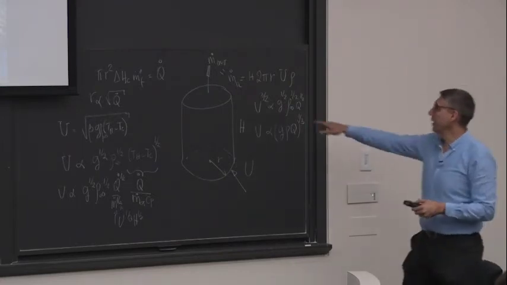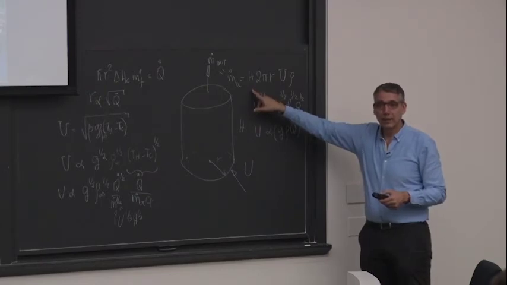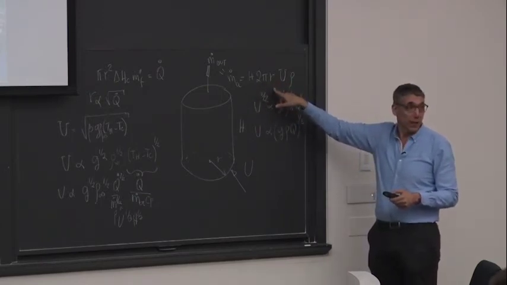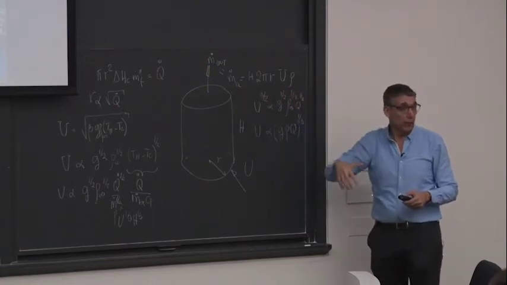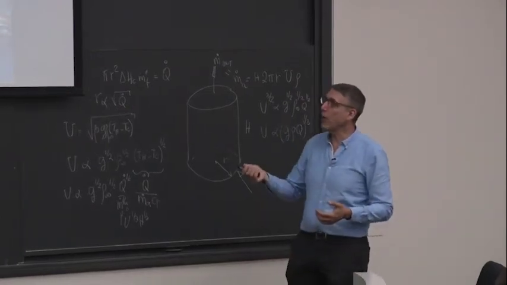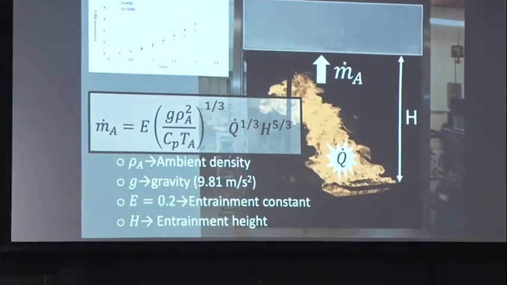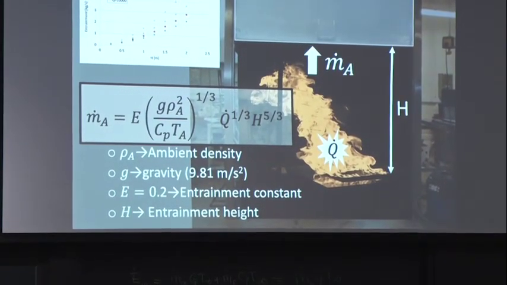So instead of having 2 pi r u rho h, what do I have? I'm going to have pi r halves. Is that okay? So the moment that I do that, I've cut the entrainment by 1/4. So if I look at this equation, then my entrainment coefficient will not be 0.2, but it will be 0.05. Is that okay?